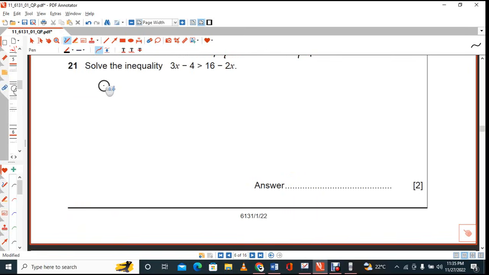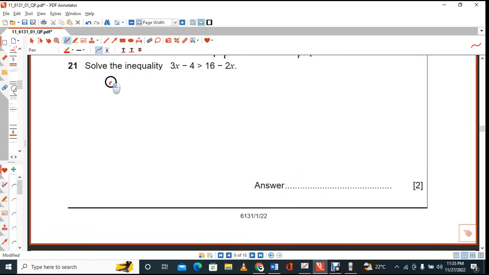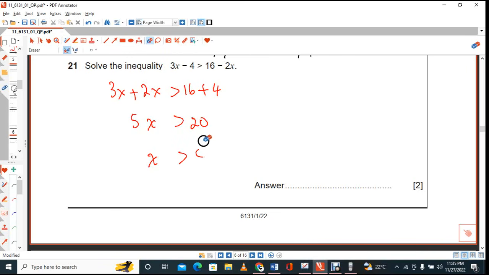Solve the inequality. This is a straightforward inequality. So we're going to have 3x, and I'm going to add the 2x, and 16, I'm going to add the 4. So that's 5x is greater than 20. Since my 5 here is positive, I'm going to simply divide. There's no need to change any inequality signs. 20 divided by 5, so x is greater than 4.